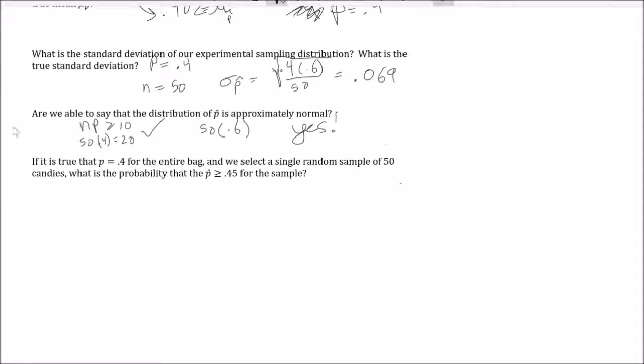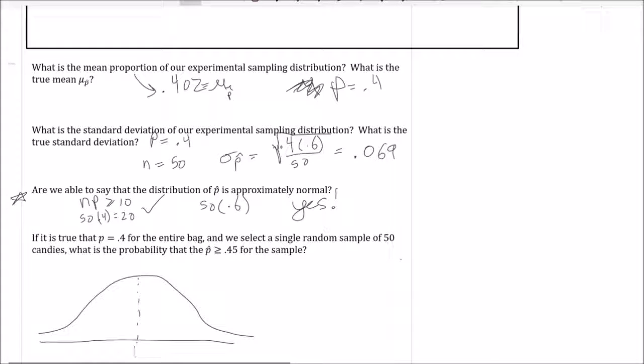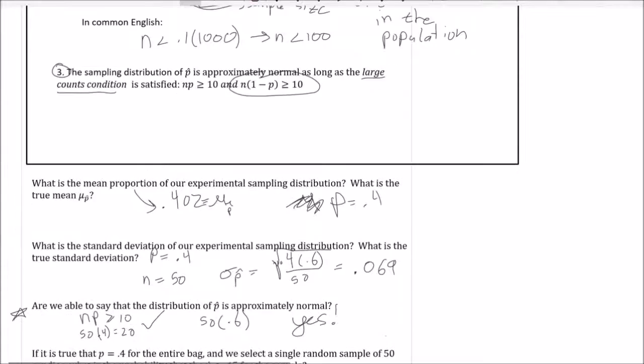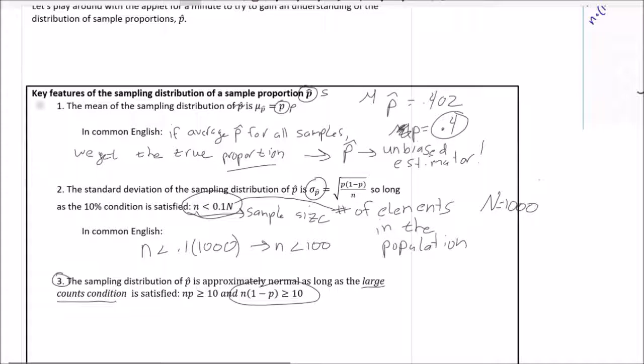Importantly, in the previous question, we said this thing is approximately normal, so let's think of it as being approximately normal, which means we could apply the normal curve. Now, we would need to know the mean to do a normal curve, and we actually showed that previously, right up here at the top of the screen. Where we knew the population proportion was 0.4, because of this first rule, the mean of the sample proportions is the actual proportion.